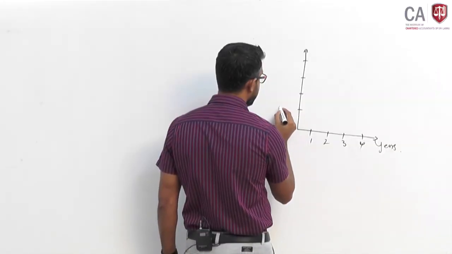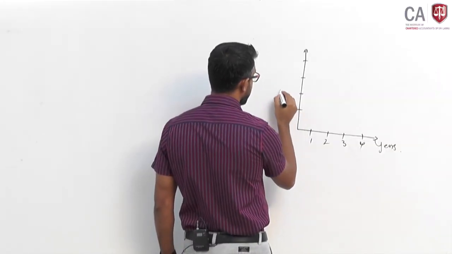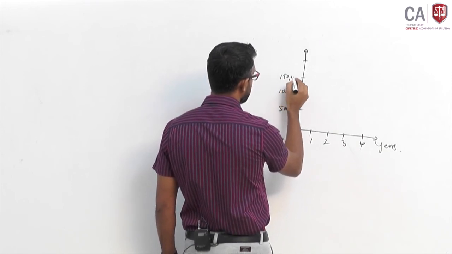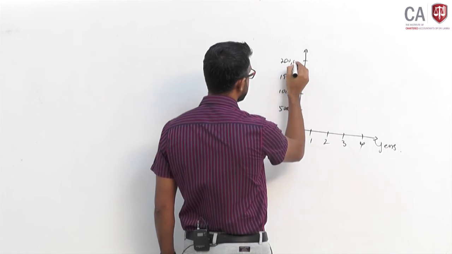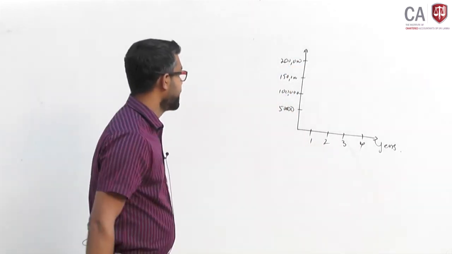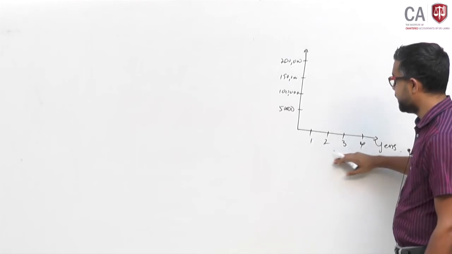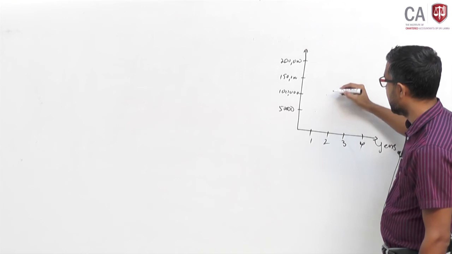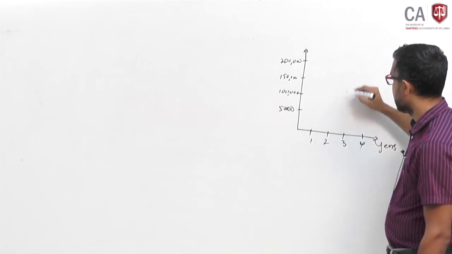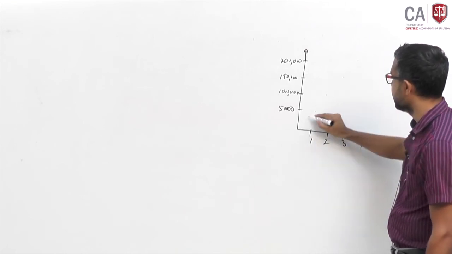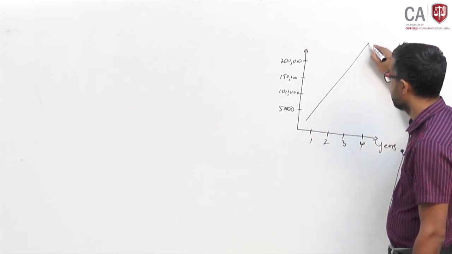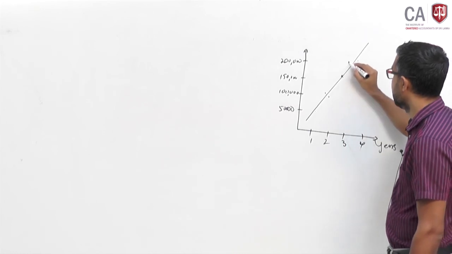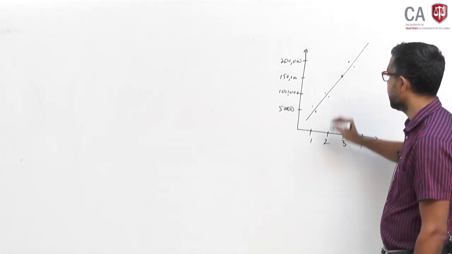First year, let's say 50,000, here 100,000, here 150,000, here 200,000. We put the sales of these 4 years: first year 50,000, second year 100,000, third year this amount, fourth year 2 lakhs, and this line goes like this. Let's assume it is not a perfect positive correlation, but very close.